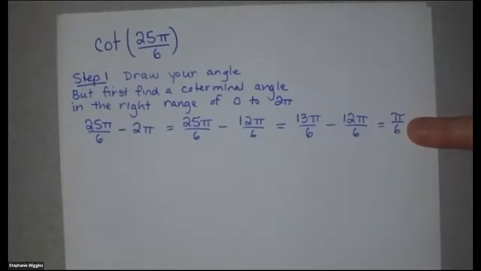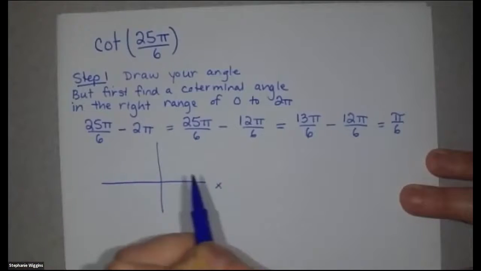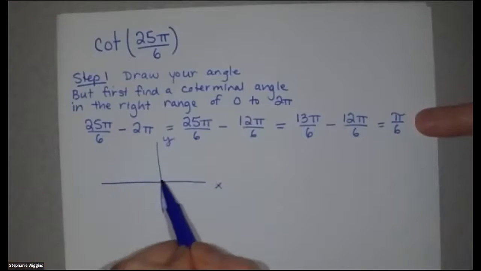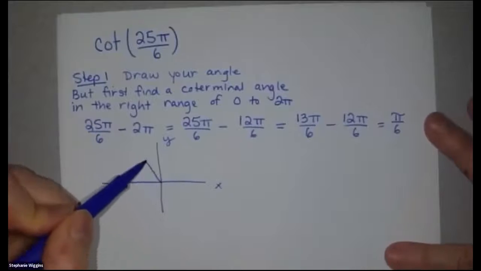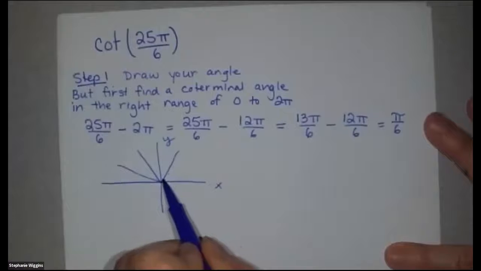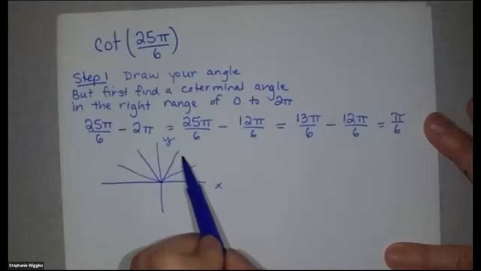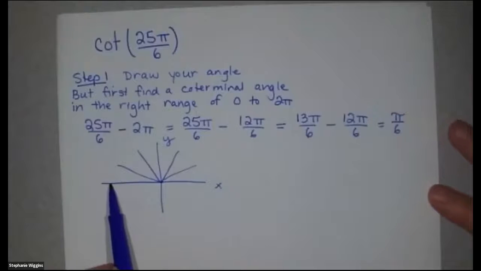And because this is an acute angle, in other words, it lies in the first quadrant, my reference angle is in the first quadrant. So if I draw this, pi is divided into 6. So if I do that, I get pi over 6, 2 pi over 6, 3 pi over 6, 4 pi over 6, 5 pi over 6, 6 pi over 6.